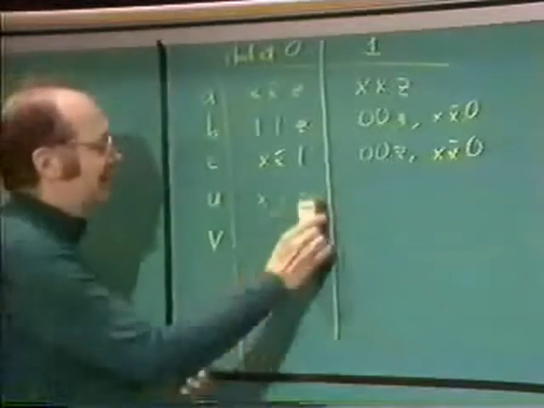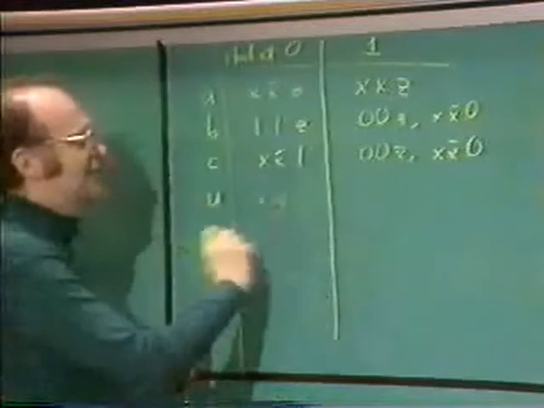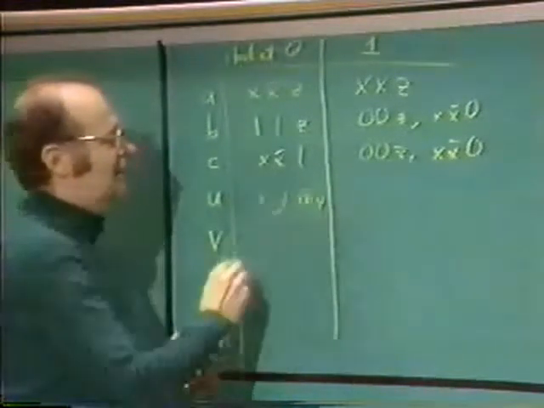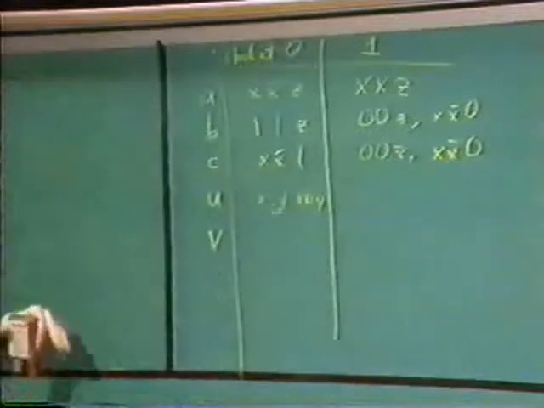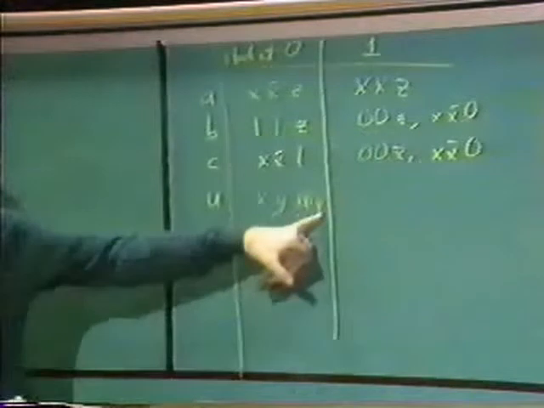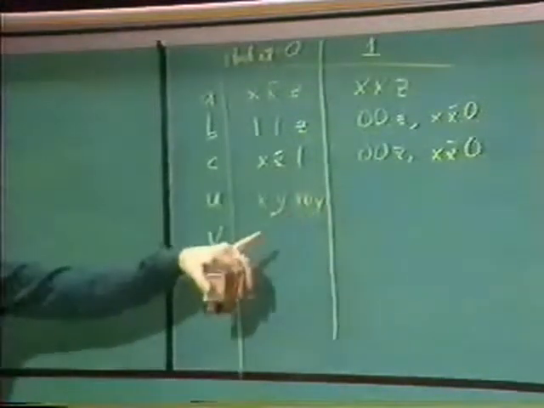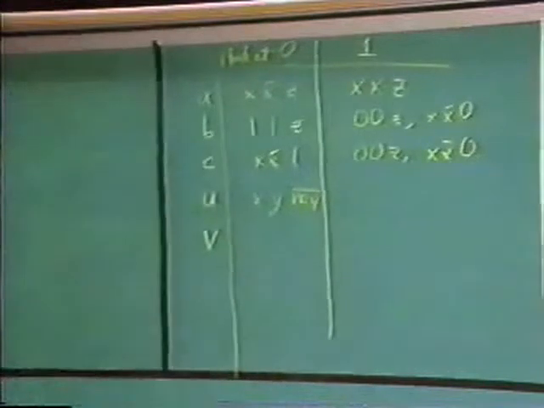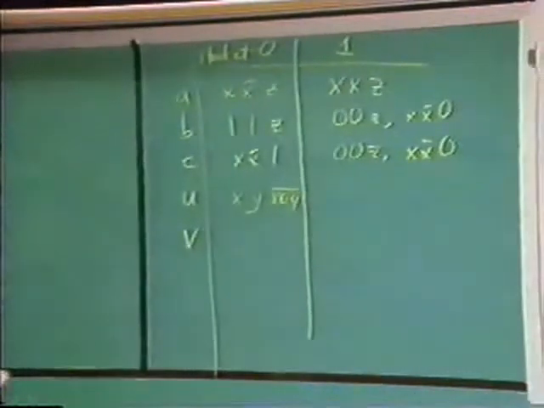If you don't like this notation, although this notation wasn't quite right for stuck at 0, this gives the value of U: X exclusive or Y exclusive or X, it would be 0. And so this is for stuck at 1. So this would have been the correct one. Putting a bar over is also exclusive or with 1.